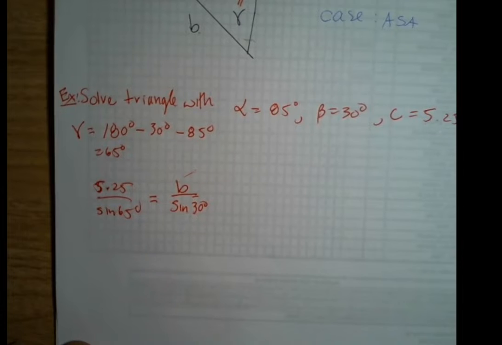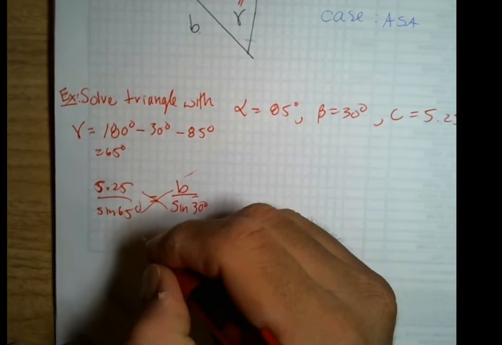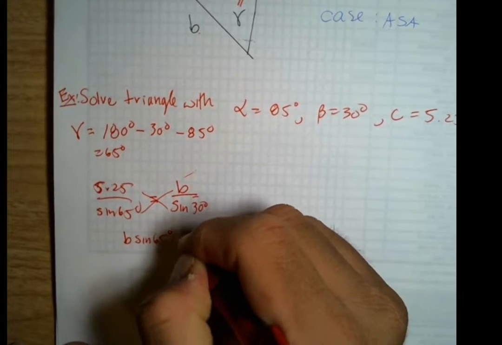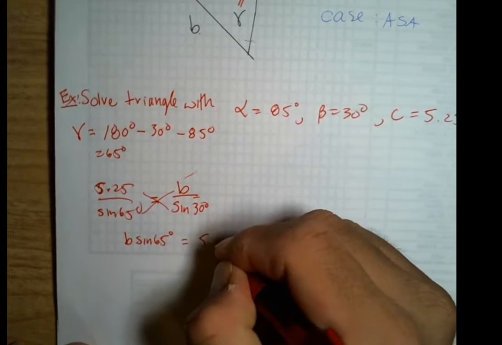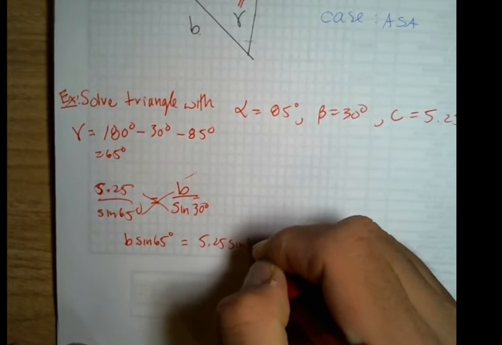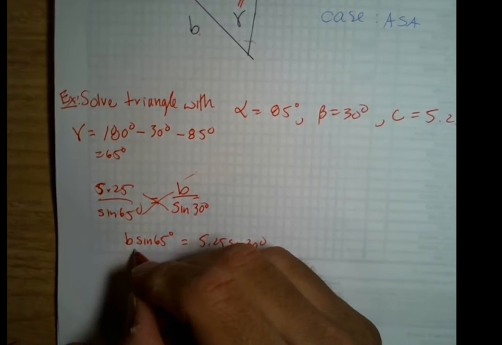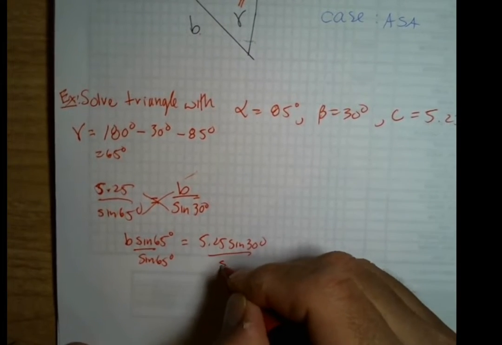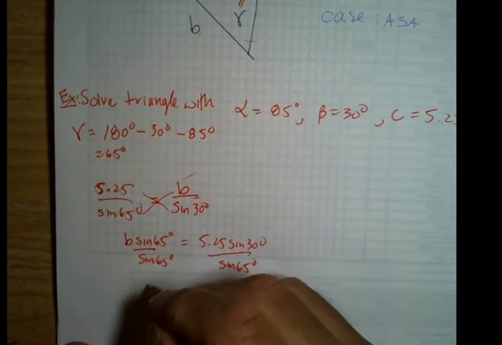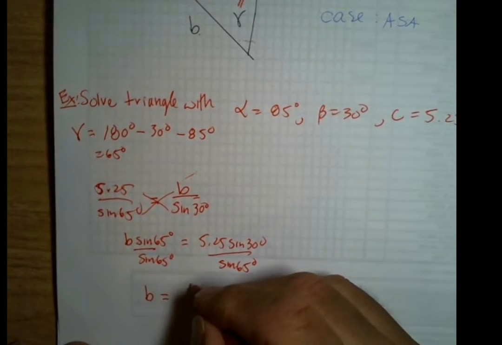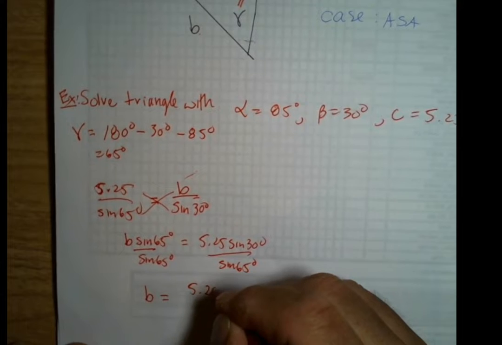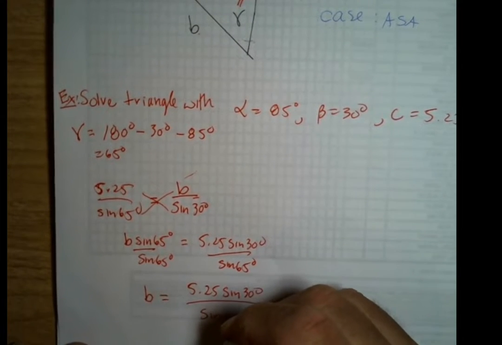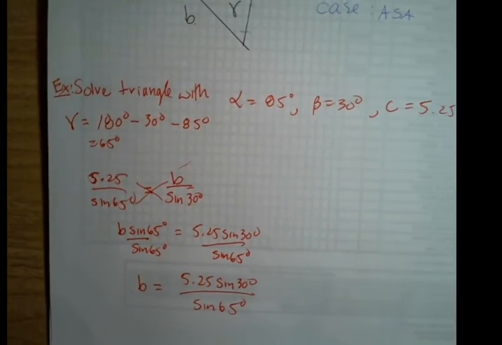We can cross multiply here, and we have B sine of 65 degrees equals 5.25 sine of 30 degrees. Then dividing through by sine of 65 degrees, we get B is equal to 5.25 sine of 30 degrees over sine of 65 degrees.